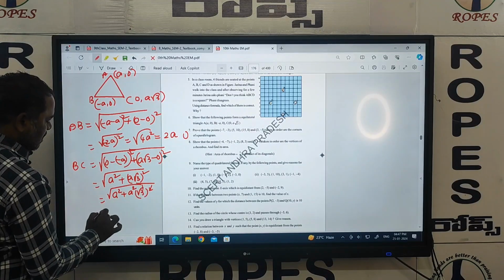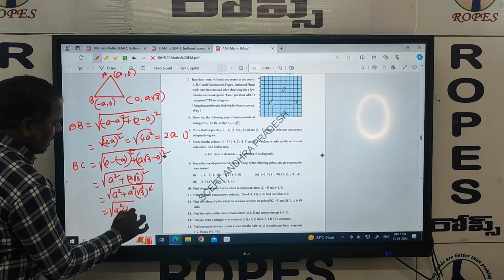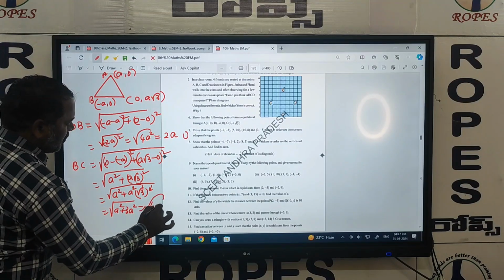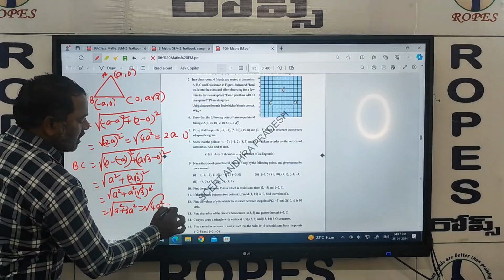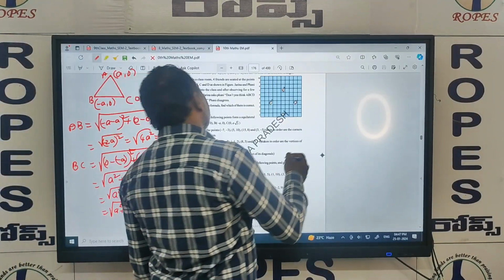Square root cancels. Then root of a square plus 3a square. That we can write as root 4a square, which is 2a. It is also 2a units.